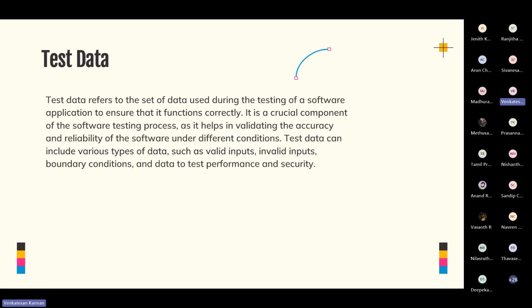So we can give various test data, like if you have a validation for email, it should have the @ symbol, but you need a lot of test data in order to test the application and check the reliability of the software. So you can also create the test data, like I'll show you.